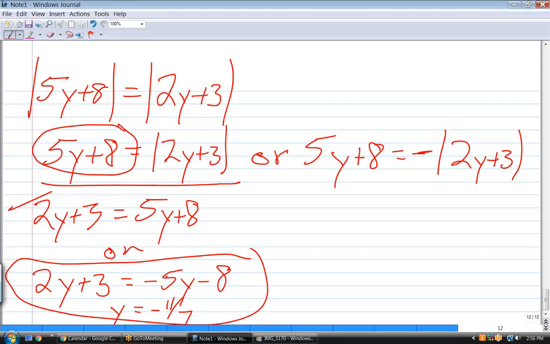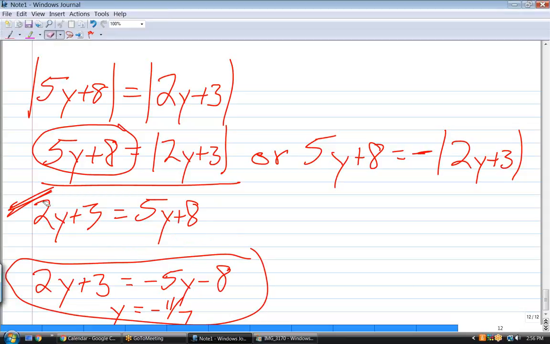I didn't have enough room on the paper to do it here, so I went down and I forgot to solve this one. What is the solution to that first one here, where the check marks are? What is y? Y is equal to, let's see here, why can't I think right now?